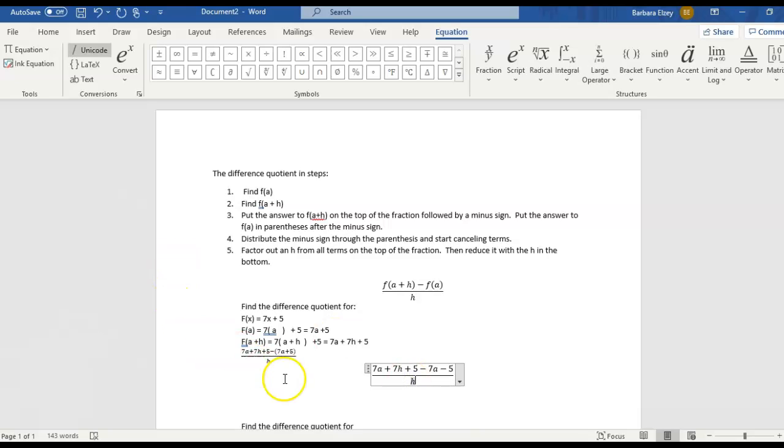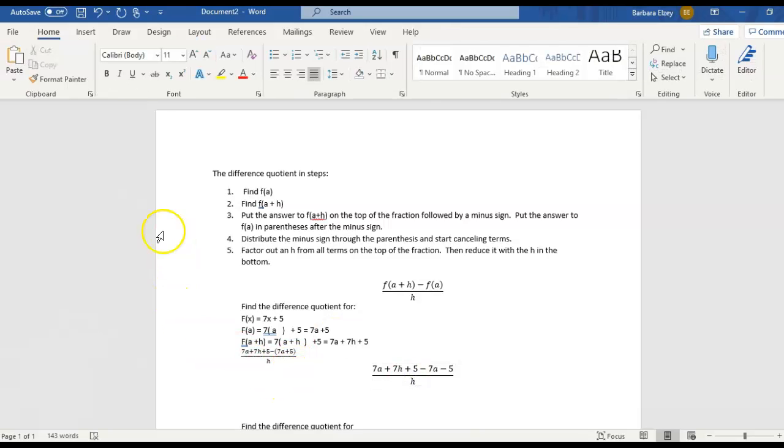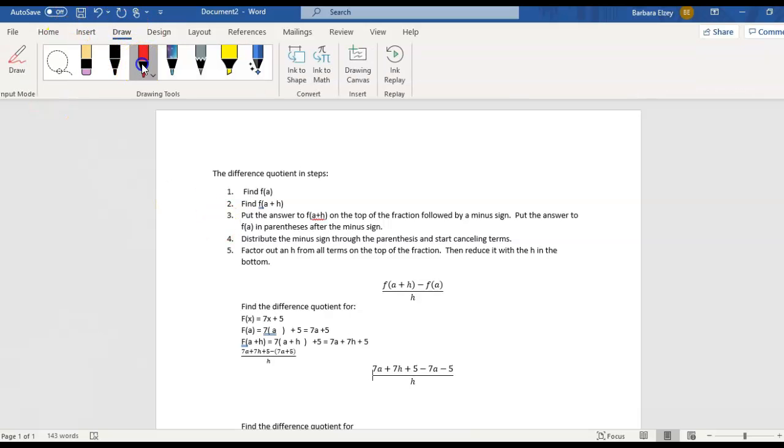Now let's start canceling stuff out. All right, so I'll use my draw feature here to cancel stuff out. So let's notice 7a cancels with negative 7a. 5 cancels with negative 5. And notice everything that was in the parentheses is now gone, and that should occur if we've done things correctly.